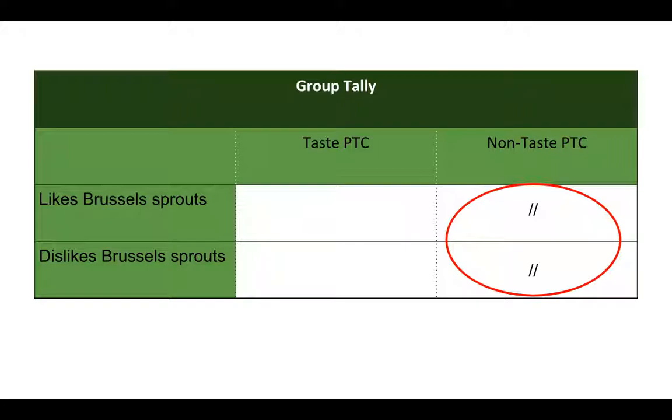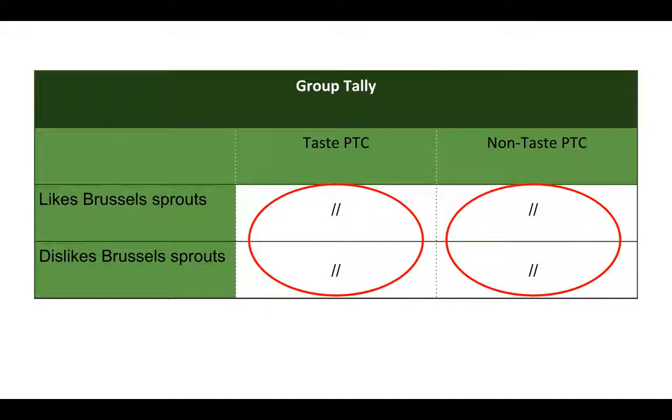Once you have that completed, you can go on to the next table. That would be the group tally. Again, my animations are off, but you're going to put little hash marks there for everyone who likes Brussels sprouts or does not like Brussels sprouts. If someone in your group has not tasted Brussels sprouts, they cannot be included in this tally, not until we taste Brussels sprouts and everyone knows if they like them or not.